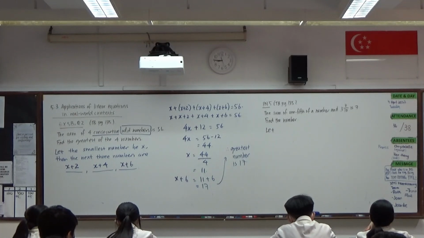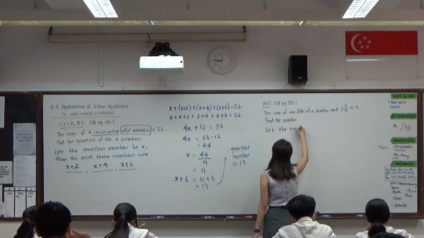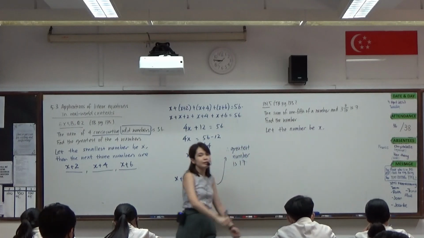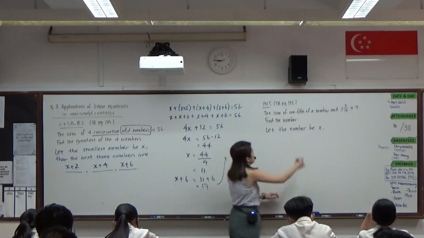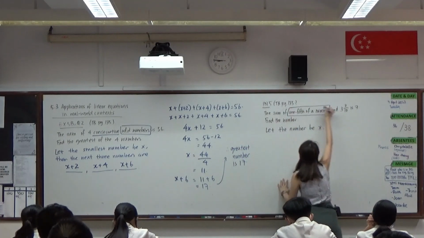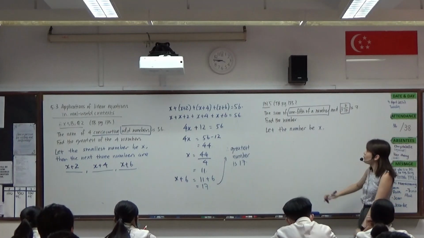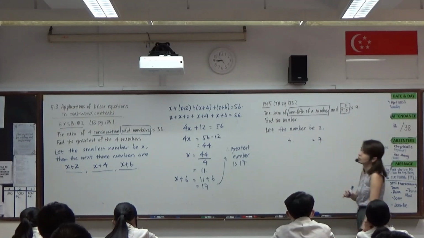Yes, okay, let the number be x. The question says that we are looking at 1/5 of a number and 3 and 7 over 10. When they add up together, it will become 7.